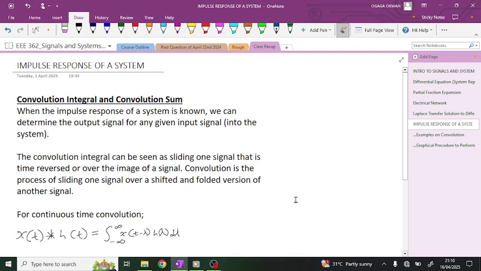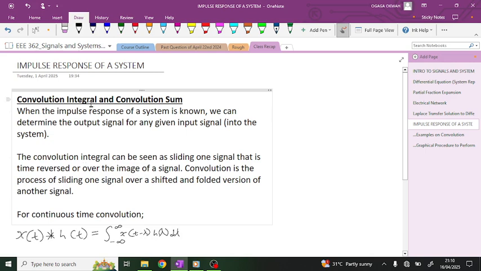When the input signal to a system is an impulse signal, the response of that system to the impulse signal is what we mean by the impulse response of the system. It's just a simple way to look at it.